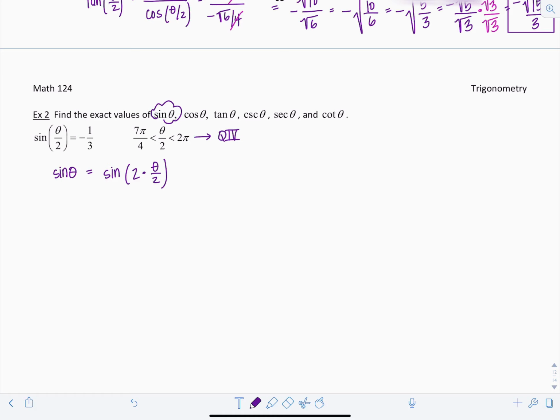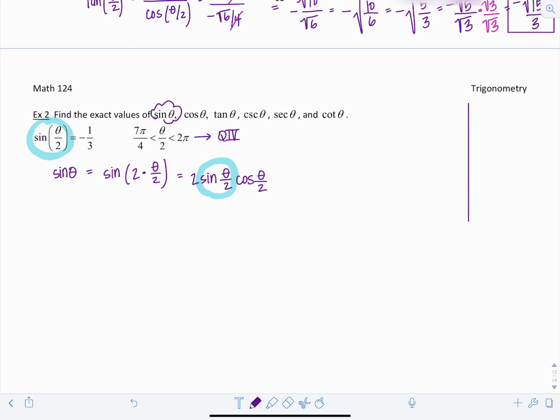And then if I use my double angle identity for sine, that would be 2 sine of theta over 2 times cosine of theta over 2. So I'm in pretty good shape because I need sine of theta over 2, which they gave me. The only thing I'm missing is cosine theta over 2. So that's why we're going to draw a triangle right now.